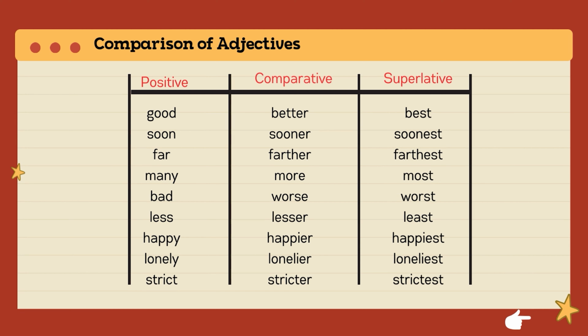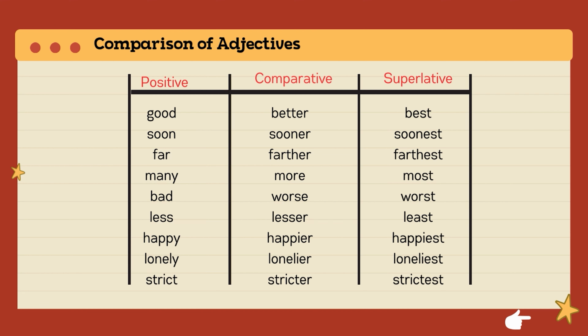So to form the comparative, we use the er suffix with adjectives of one syllable. From good to better, soon to sooner, far to farther.